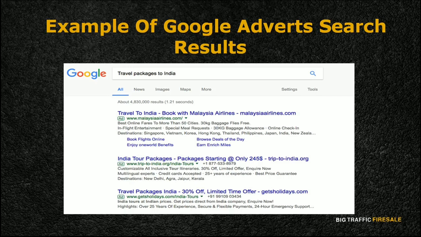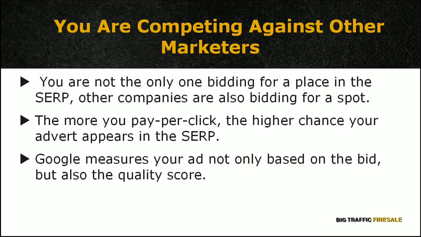Organic search results will also appear amongst the ads, where some people may or may not notice the difference between the two. When you choose to venture into the Google AdWords scene, bear in mind that you're not the only company wanting to serve adverts for that particular keyword or keywords. Other companies with similar niches can also bid for a spot in the SERP.